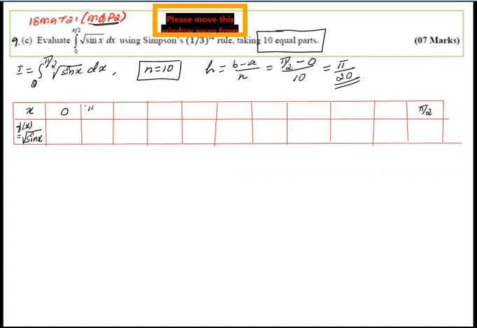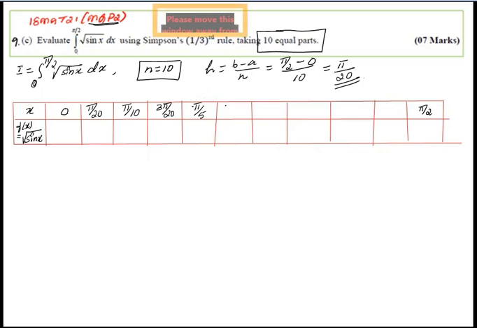So 0, plus pi by 20, plus 2 times pi by 20, that you will get pi by 10. 3 times pi by 20, 4 times pi by 20, that is pi by 5.